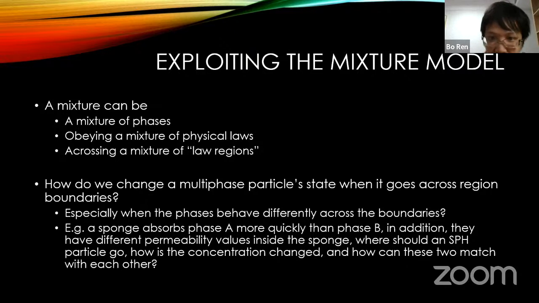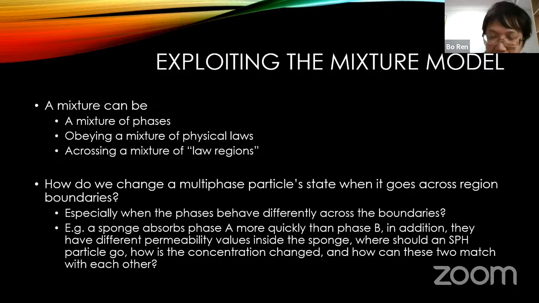Please note that if you move a particle on the boundary to a new place, ideally, if the particle is half out, half in the boundary, it should have 50% A, 50% B, or something like that. As the particle moves inside the solid, the phase B should decrease.